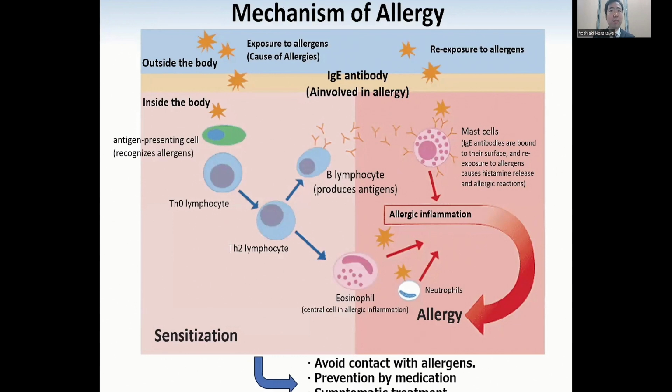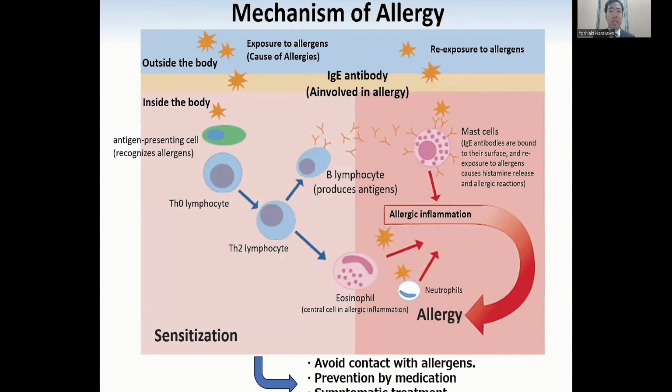In addition, inflammatory cells such as eosinophils gather and prepare to react whenever the allergen enters the body. This state is called sensitization. When the allergen re-enters the body, these inflammatory cells release a large amount of inflammatory substances, causing inflammation and the appearance of diseases.